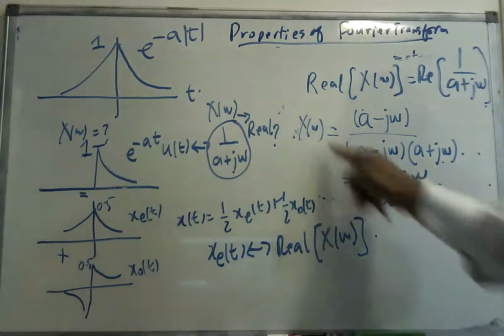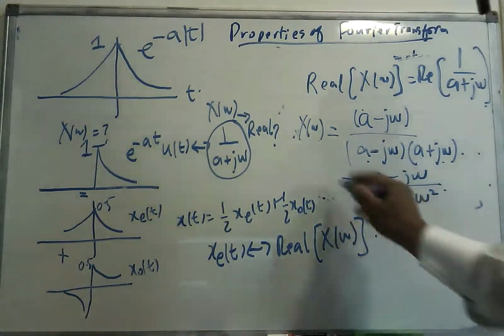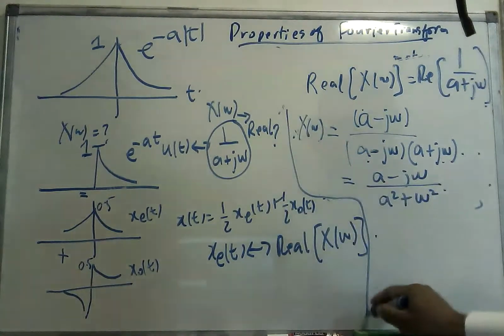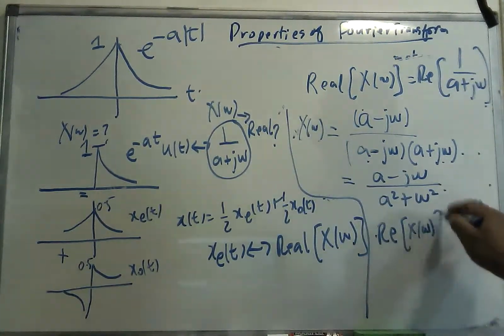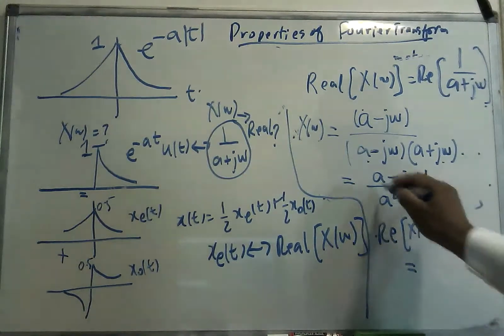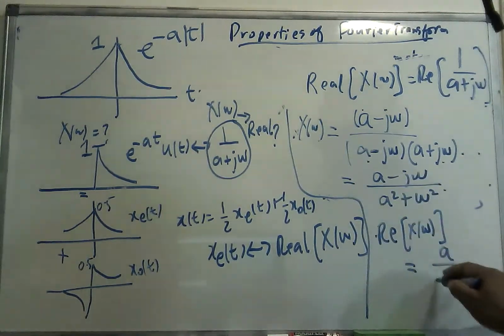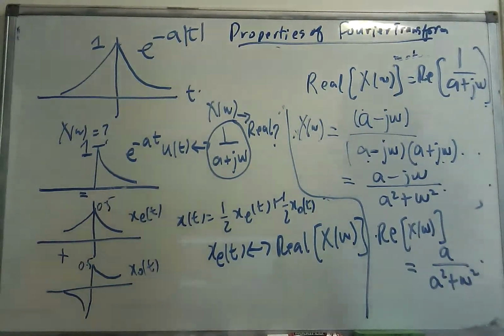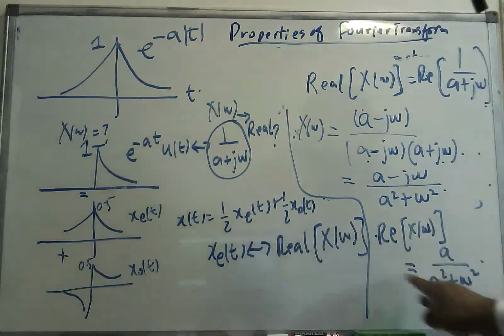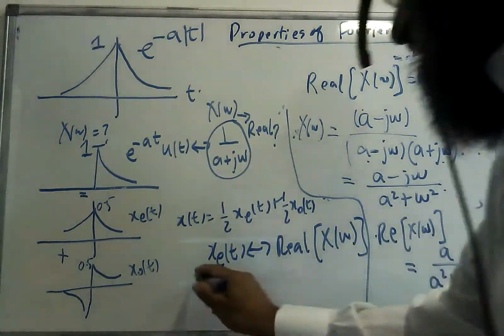So what is the real part of this? The real part of X of omega is equal to a over a square plus omega square. Now this is half of the even part, right?